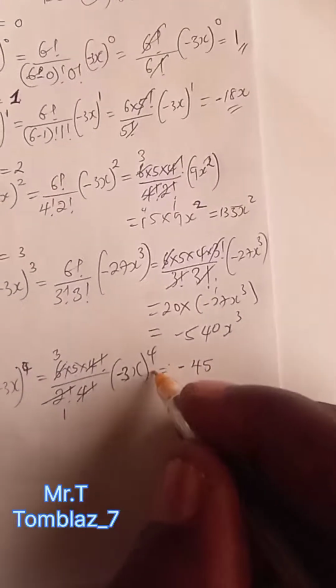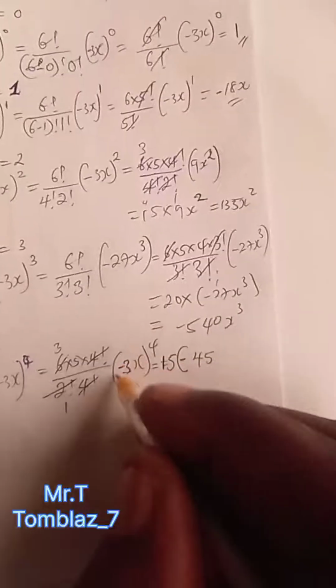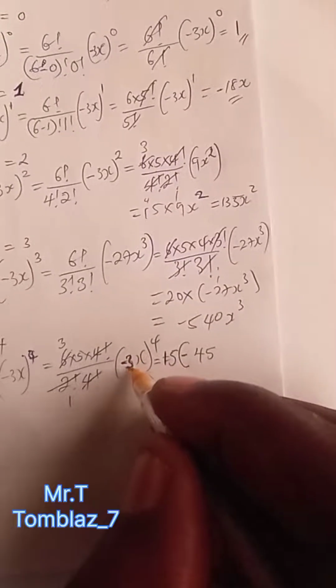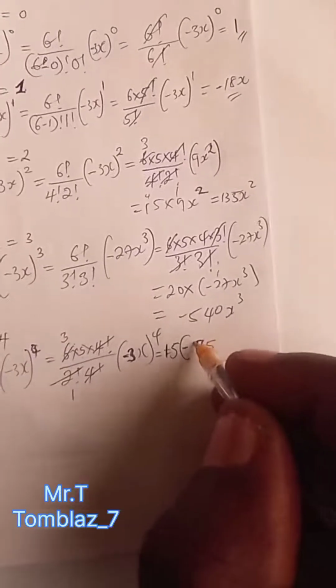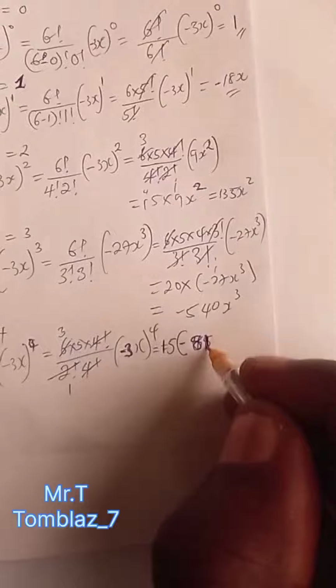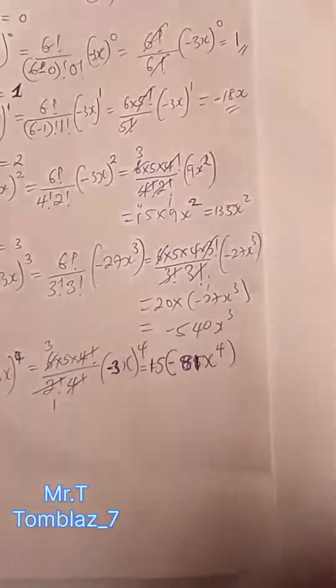So we have 15 into, so let's finalize this now. 3 raised to the power of 4 gives you 81. Then x raised to the power of 4, right?